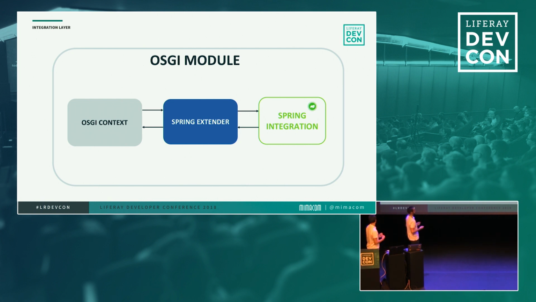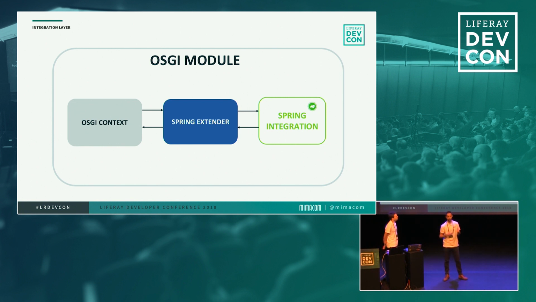Okay, thank you, Adolfo. So basically, from now on, we have two contexts instead of just one. We have a problem here, because each context has its own dependency injection manager. So basically, the problem is that the contexts were not able to talk with each other, were not visible. So that's why we use Liferay Spring Extender.